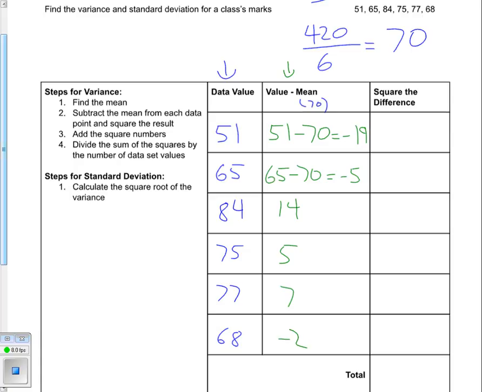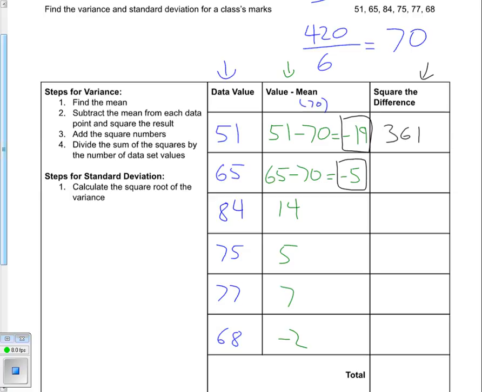The next thing I need to do is square the difference. In this final column on the right-hand side, where it says square the difference, we take the results, negative 19, negative 5, 14, 5, and so forth, and square each number. Negative 19 squared gives me 361.